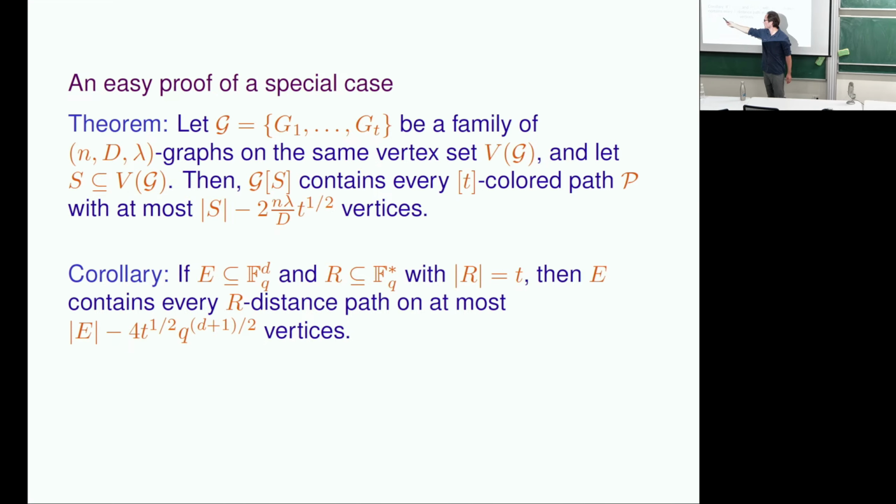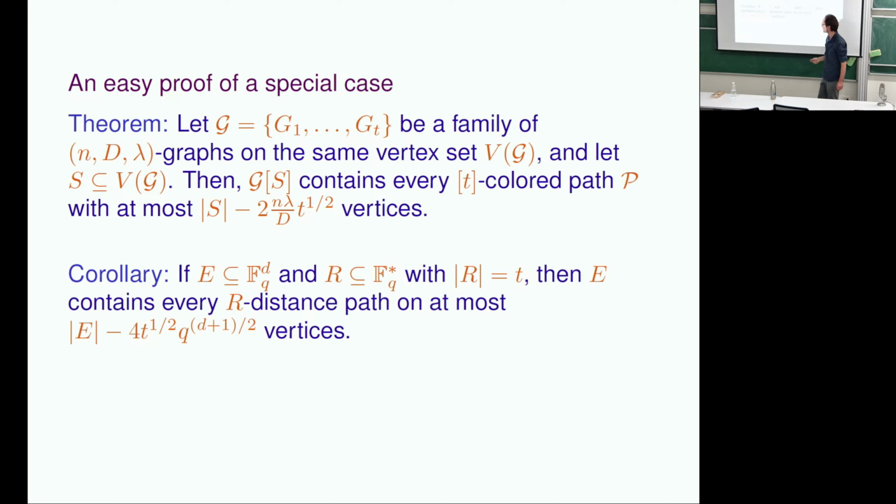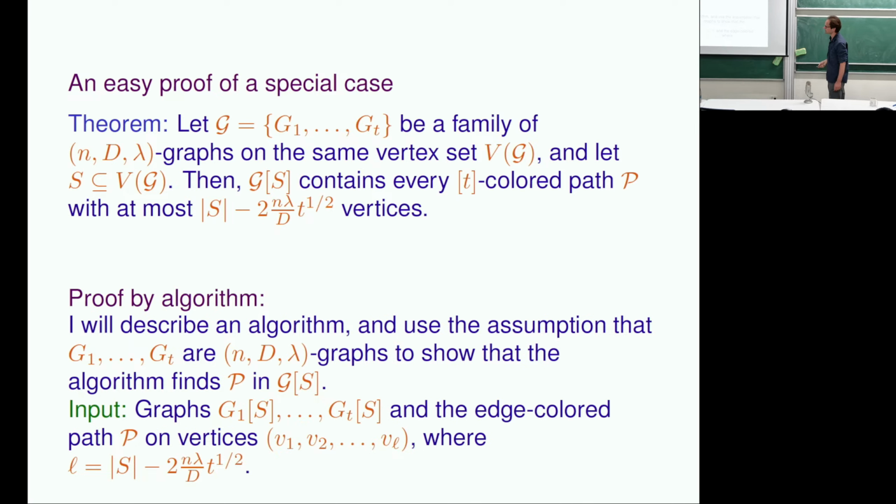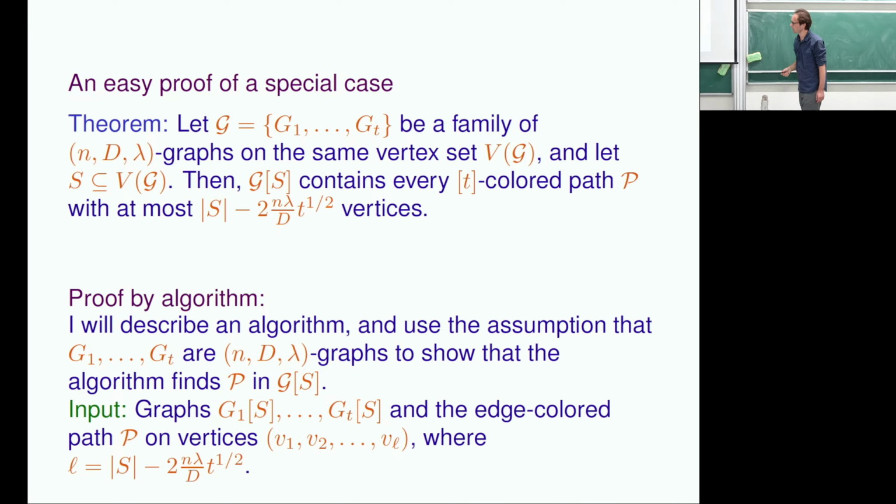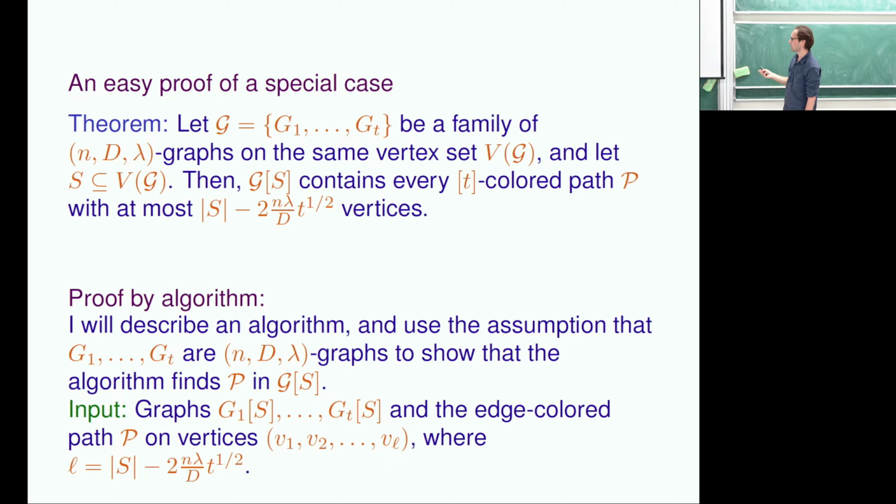It's 4 times square root of t times q to the (d plus 1) over 2. And so this proof is completely independent of the more general proof for graphs, but it gives basically the same result. It's actually quite a lot simpler than the general proof. So what we do is I'm going to describe an algorithm.